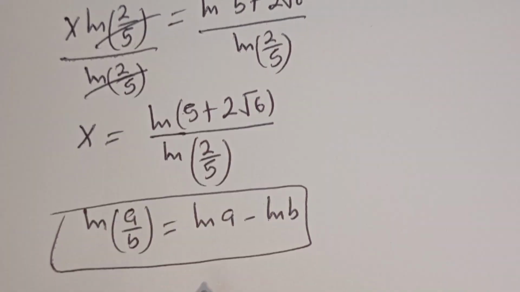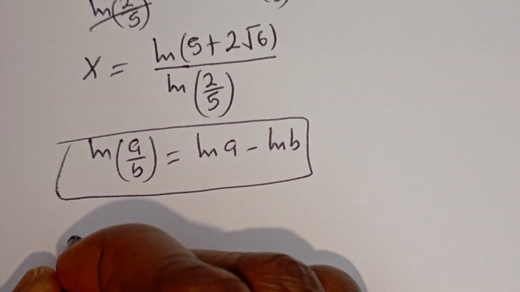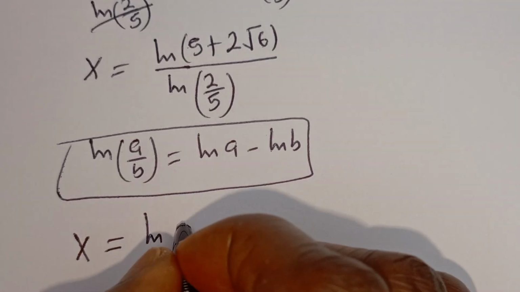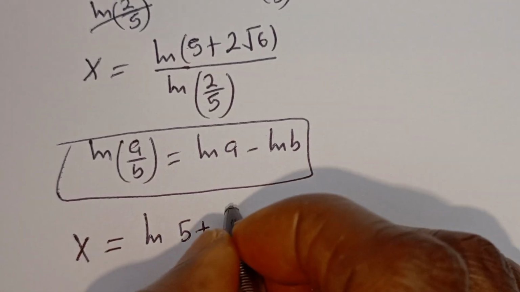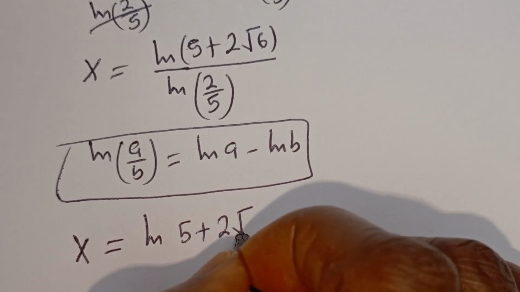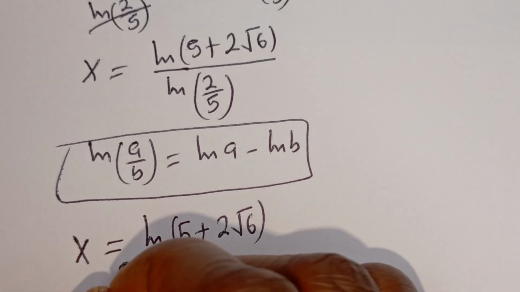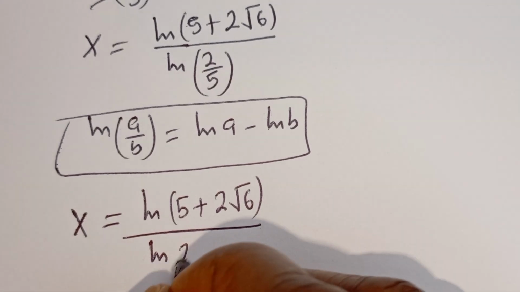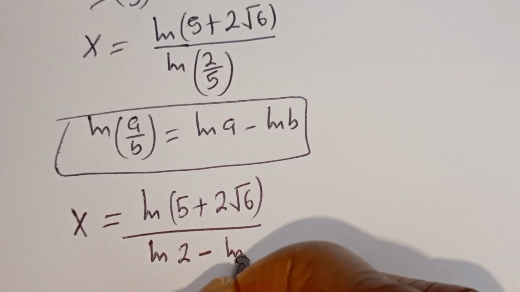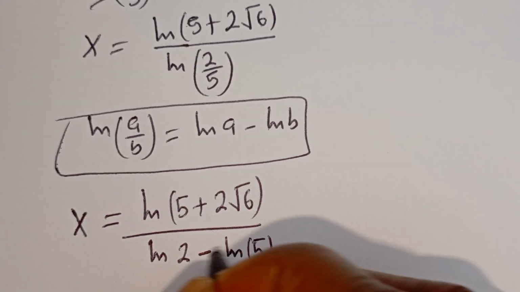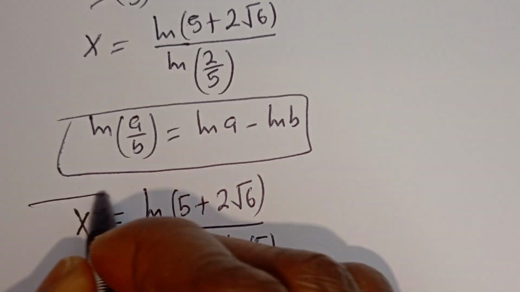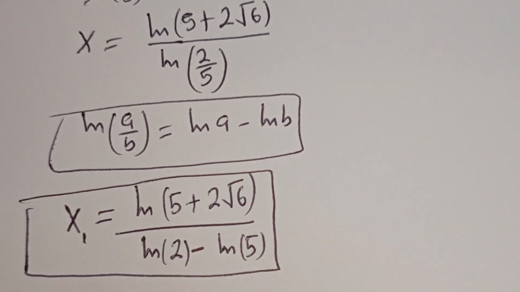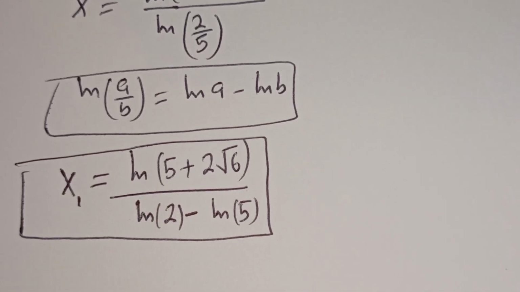Then this can be written as x is equal to ln of 5 plus 2 root 6 divided by ln of 2 minus ln of 5. And this is the first value of x. Let's call this x1.